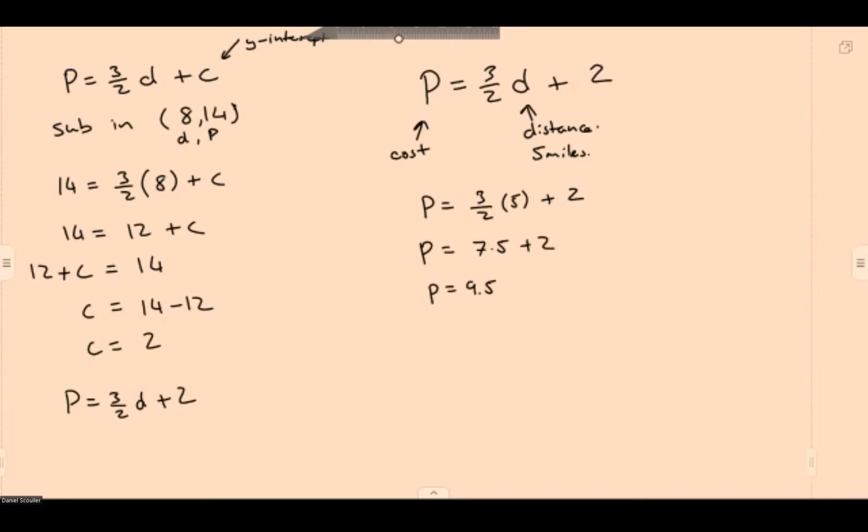Now remember, it's a cost in pounds. The cost is 9.5 pounds, or £9.50. Write it out with a nice pound sign. So that's what I mean by substituting in another variable to find out an unknown.